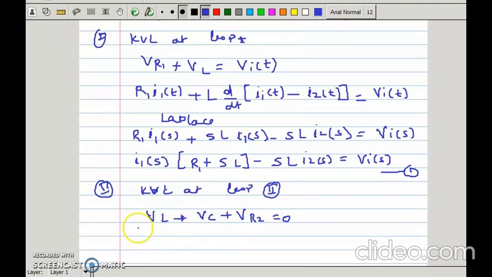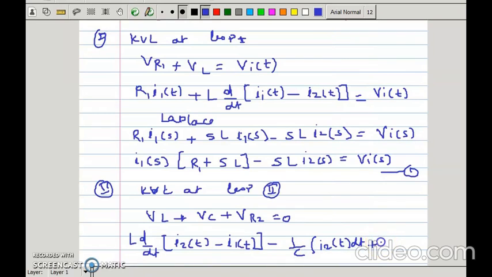What is the voltage across the inductor? As we know, it is L d by dt, again of the two currents, I2 of t minus I1 of t. Plus the capacitor voltage, 1 upon C integration of I2 of t dt. Plus the voltage across the resistance, R2 I2 of t, equal to 0.